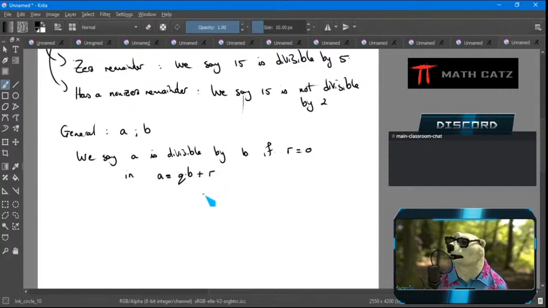So I do the division, I find the quotient, I find the remainder. If that remainder is 0, then we say A is divisible by B.